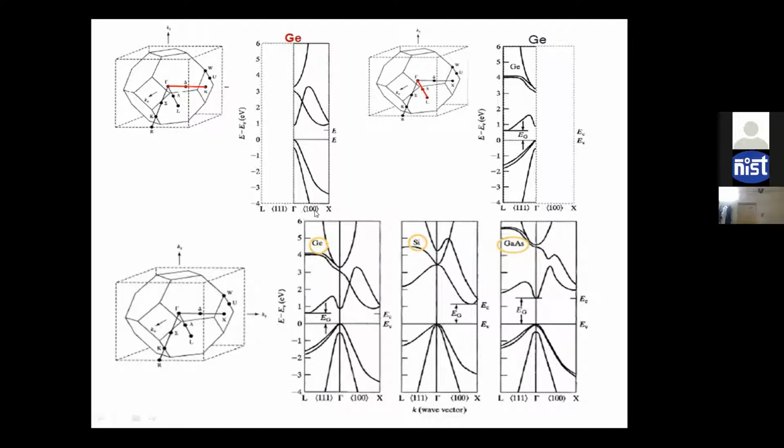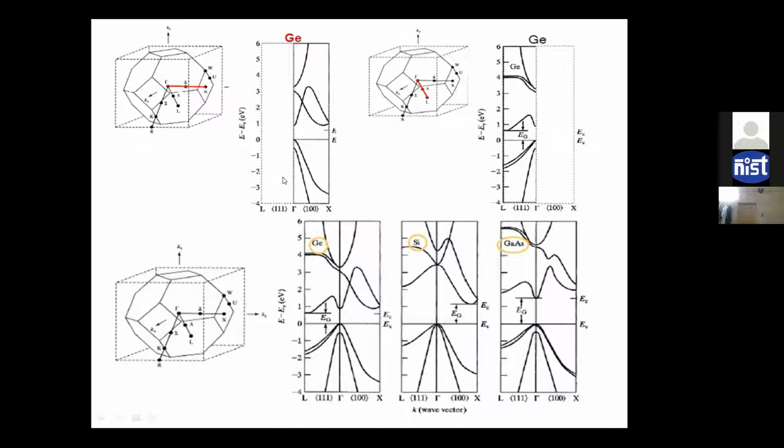If you move along the 100 direction, you get the X value in germanium. Similarly, if you go along the 111 direction for the analysis of energy variation with respect to the wave vector, you reach the L value. So these X and L values are obtained at different orientations.